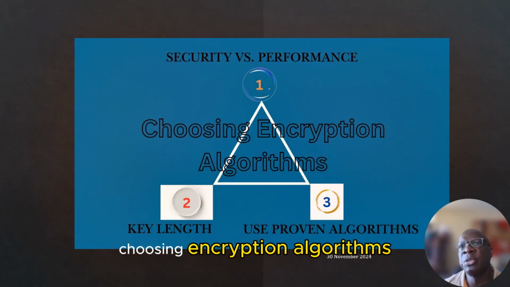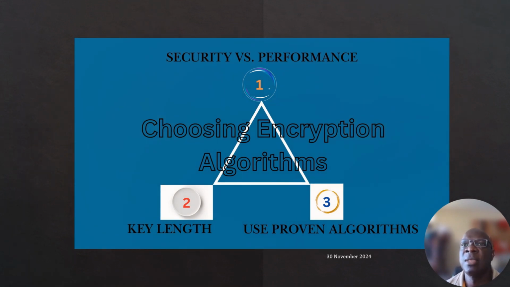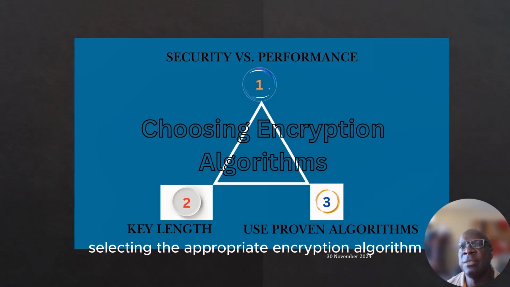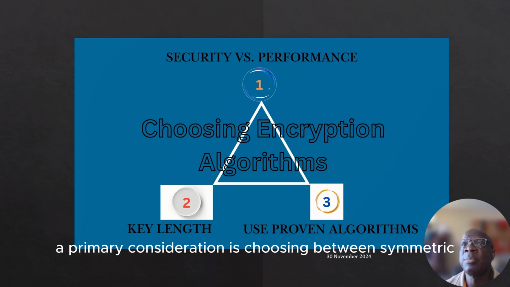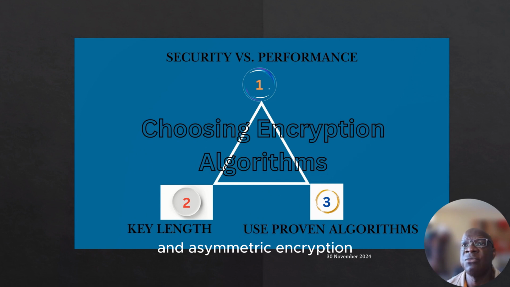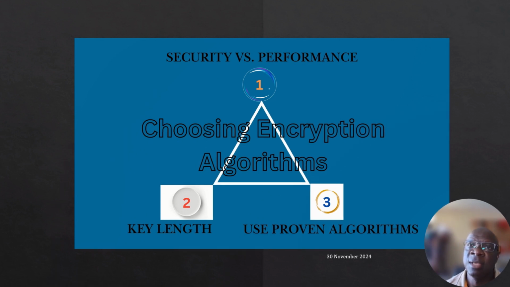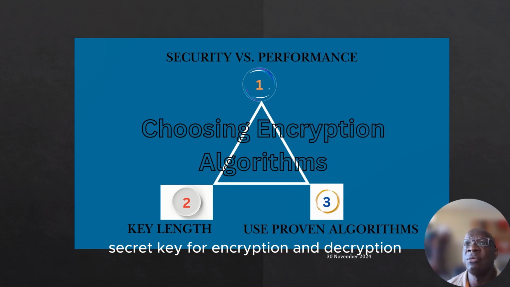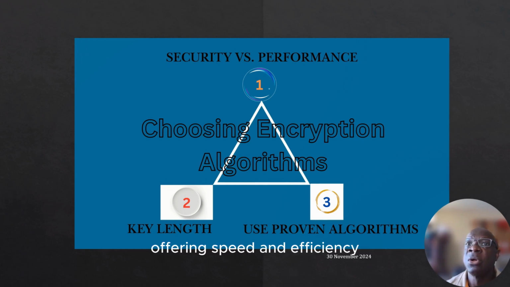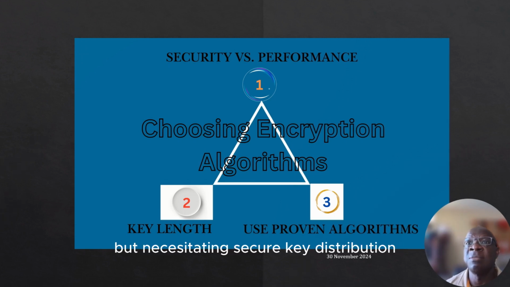Choosing encryption algorithms. Selecting the appropriate encryption algorithm is crucial for safeguarding sensitive information. Our primary consideration is choosing between symmetric and asymmetric encryption. As we discussed, symmetric encryption utilizes a single secret key for encryption and decryption, offering speed and efficiency but necessitating secure key distribution.